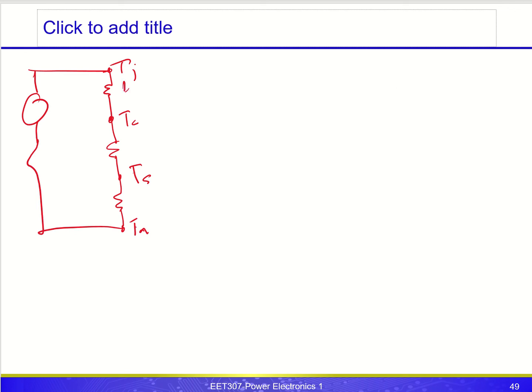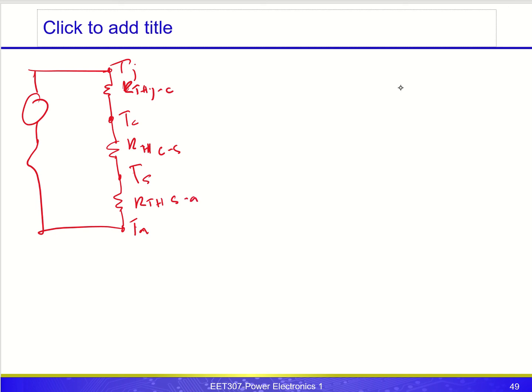So according to this, we have the value of the RTH JC, we have the RTH CS, and then we need to find the value of the RTH SA.